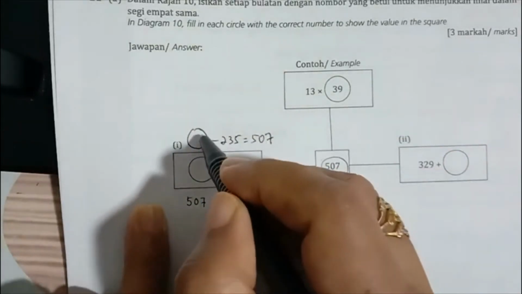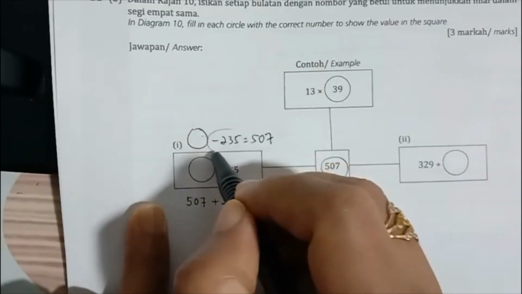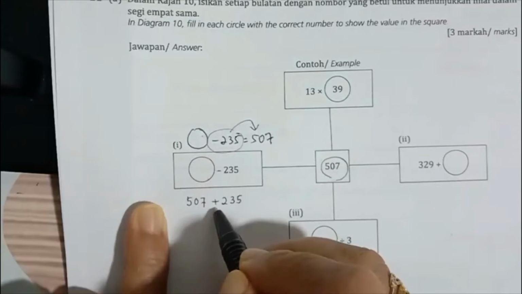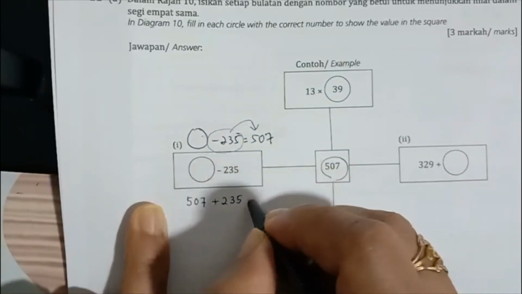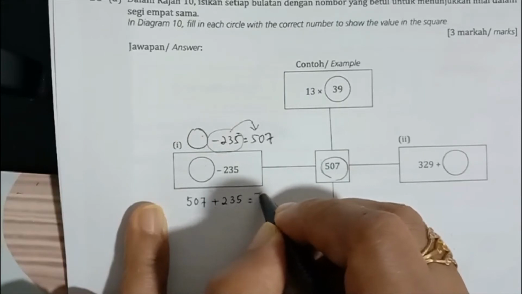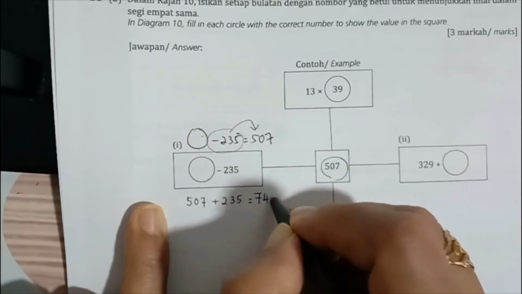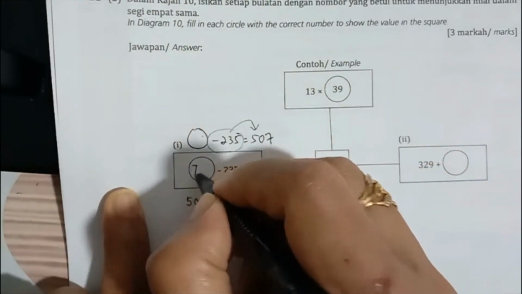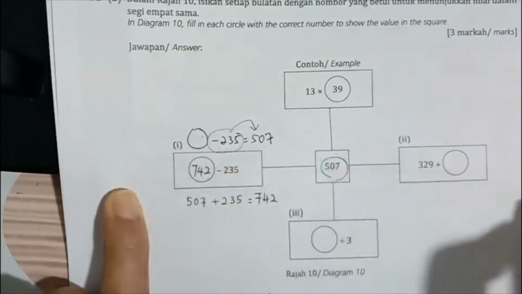So you want to find this circle, meaning you need to bring this one to this side. So minus will become plus. So you plus, you will get 742. Okay, so the answer in this circle is 742.